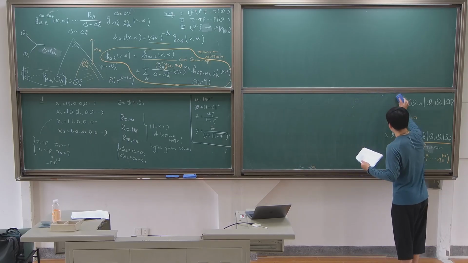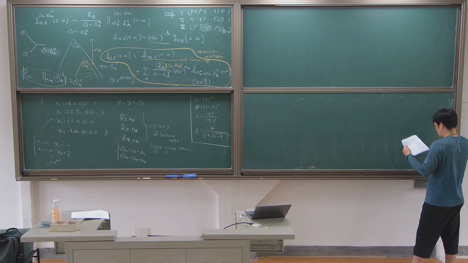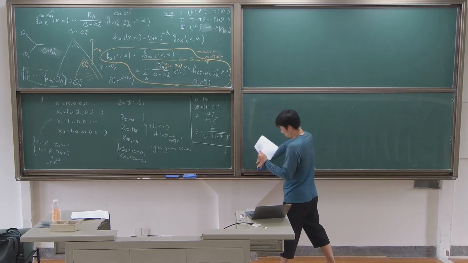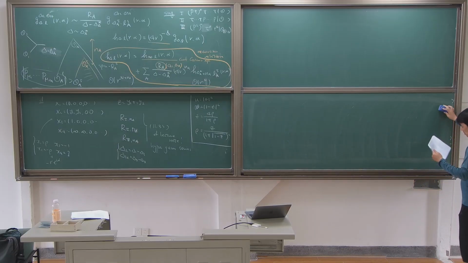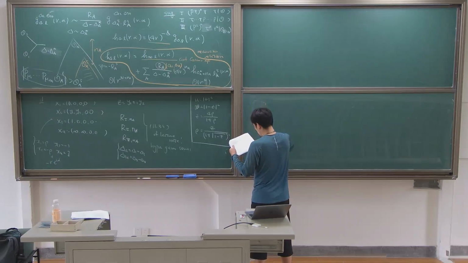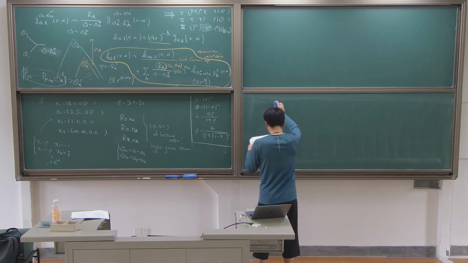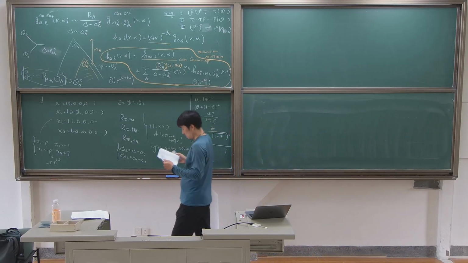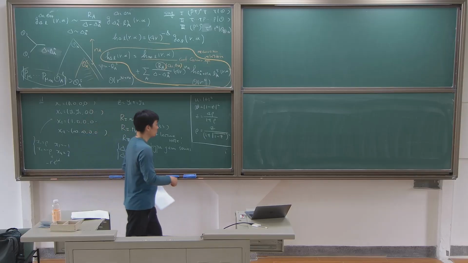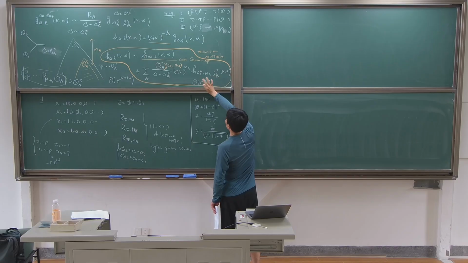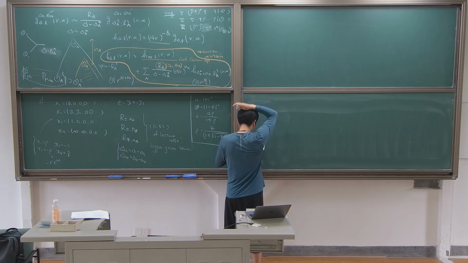This plays a very important role in conformal bootstrap. So this is one property the conformal block satisfies, the recursion relation. The other property is the following.